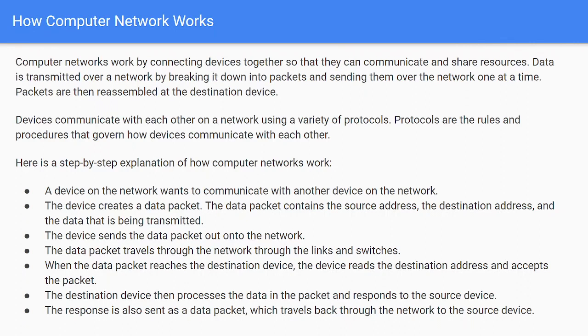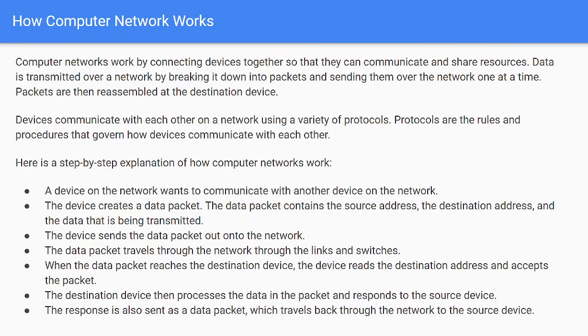Let's say for example we are on a network, and there is device A and there's device D. Device A wants to send a music file, a very nice song, to device D. So how will it work? Device A sends this information. Let's say they are connected with a switch. Device A sends this music file to the switch, and the switch has the MAC address of device D.